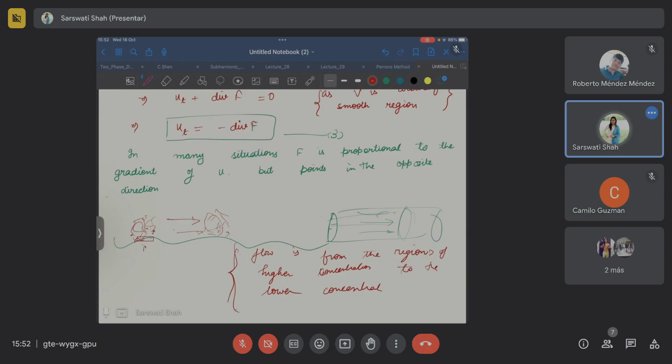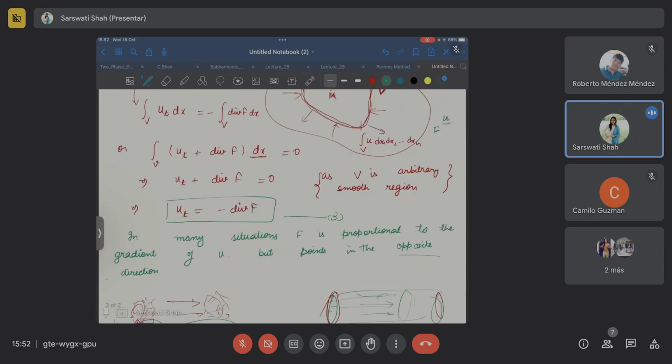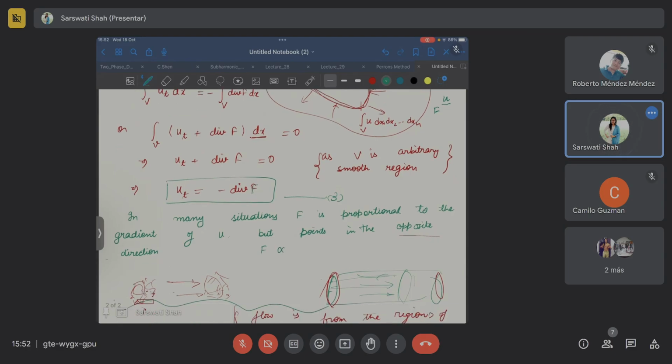The opposite direction comes from here, because it is our assumption. If you say that no, we are cooling this rod, in that case the temperature is decreasing, so you will not take the negative sign, you will take the positive sign, because in that case the flow is from the region of lower concentration to the higher concentration, because you are cooling this rod. So f is proportional to the gradient of u.